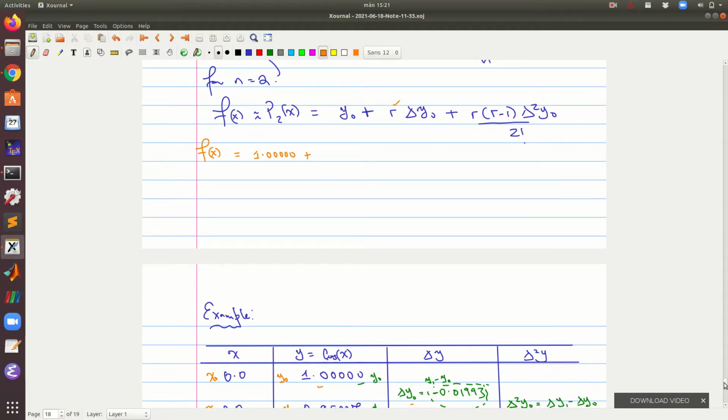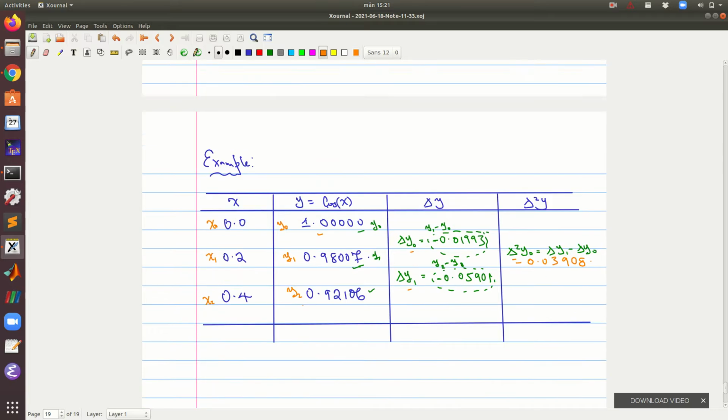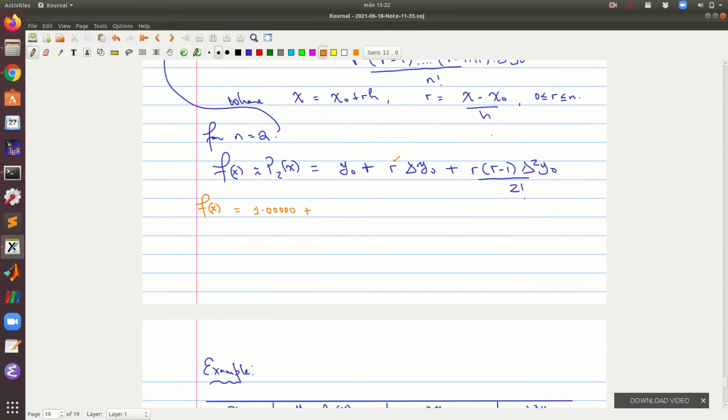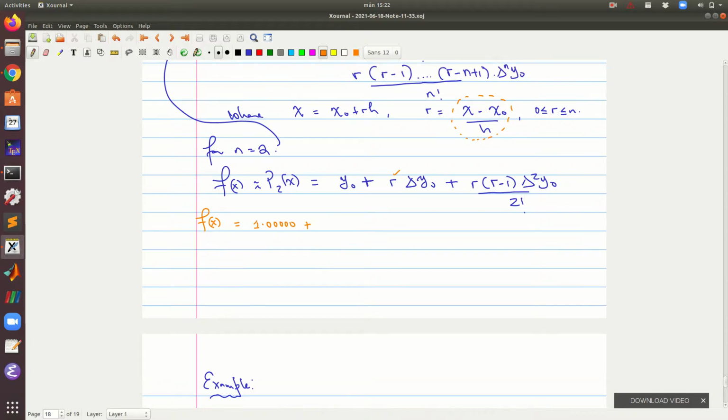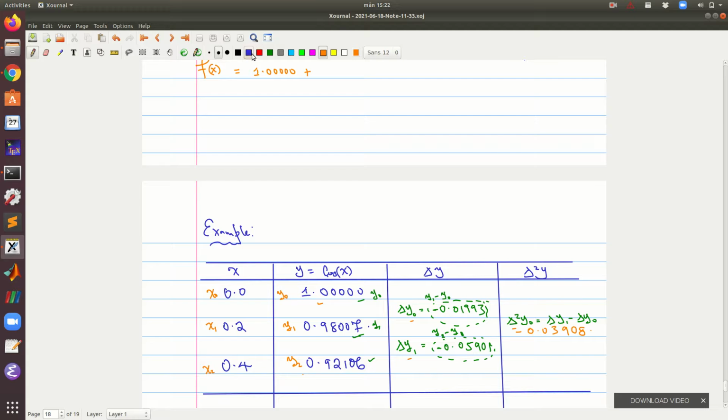Then plus r times the forward difference. Do we have the value of r? Yes, we can compute the value of r, because r is given to us as x minus x0 divided by h. So for this problem, maybe I should have written it down. We want to find the value of cos 0.28 using this table here.